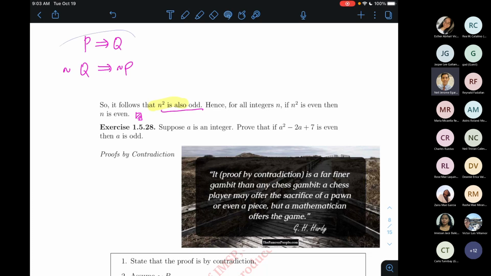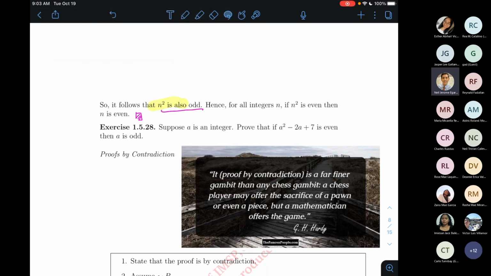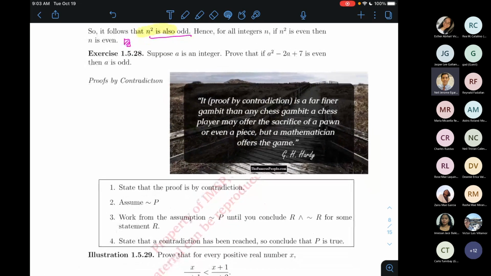So for today, we'll introduce another method of proof, which is basically another powerful tool that you can add to your repertoire. Sabi nga ni Hardy, this kind of proof, which is the proof by contradiction, is a far finer gambit than any chess gambit. Kung naglalaro kayo ng chess, siguro sanay kayo sa Queen's Gambit, wherein we sacrifice one of our pieces.